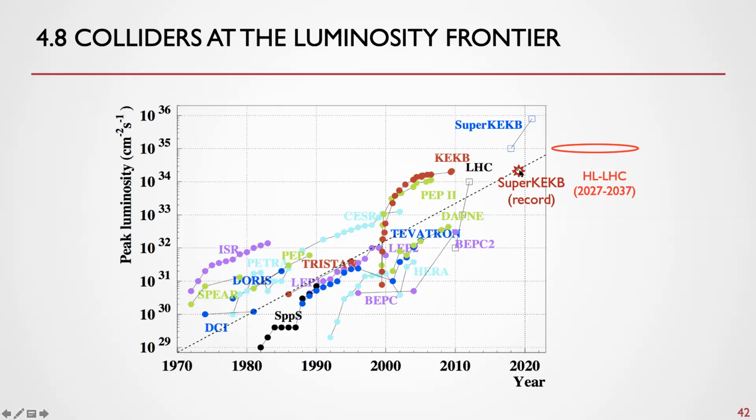The world record, Super KEKB, which we just discussed, is here, 2.22 × 10^34, going up to 8 × 10^35. This is absolutely the luminosity frontier, the highest collision rates worldwide. However, as you know, e+ e- cross sections are much lower.